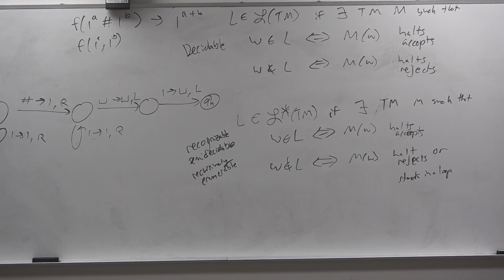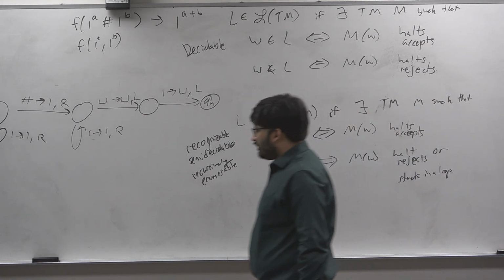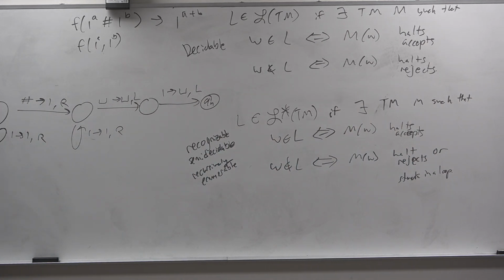So that's the difference between when a language is decidable and when a language is recognizable. A language is recognizable if there is a recognizer for it. By the way, every Turing machine, correctly programmed or incorrectly programmed, is a recognizer because it accepts some inputs, rejects some inputs, and gets stuck in a loop on some inputs, right? So every machine must recognize some recognizable language.